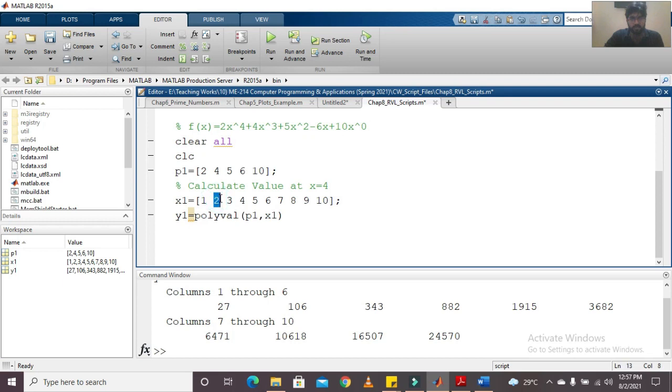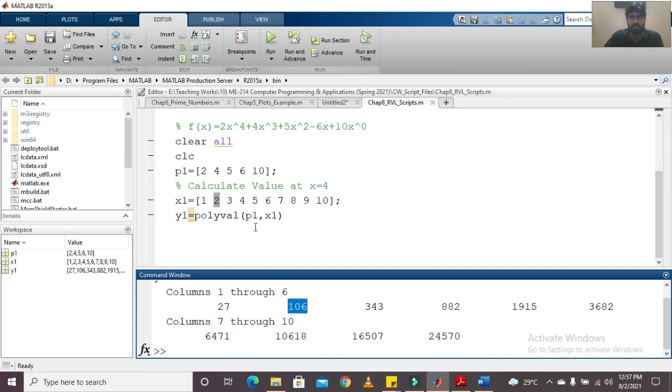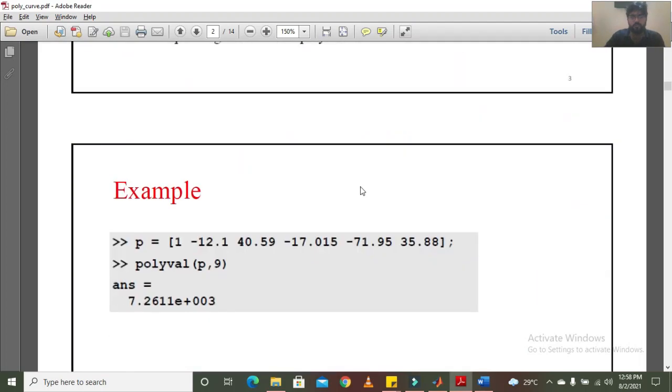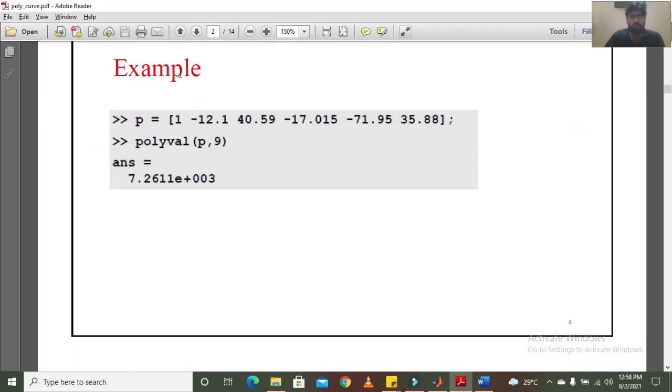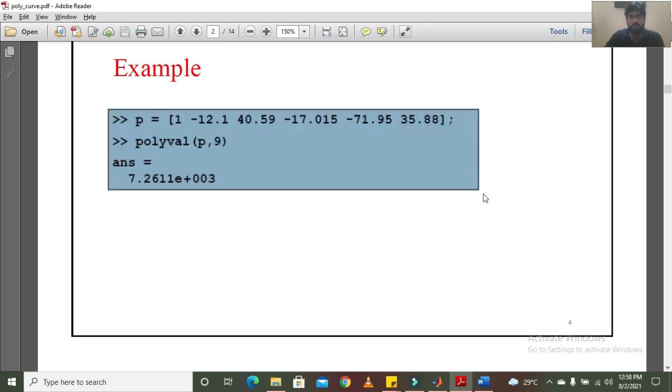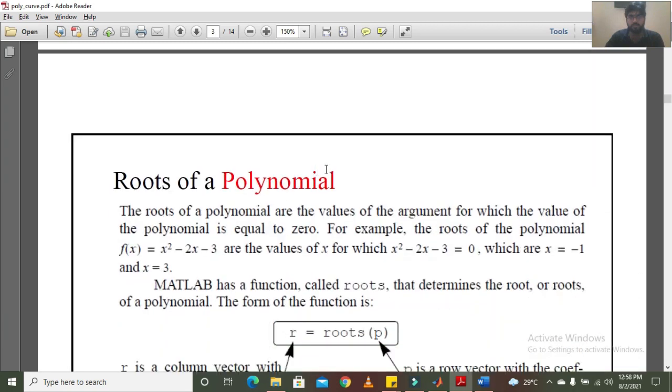Then it will put x value 2 and calculate the value of y, meaning the operation happens element by element. So this is how we can determine the values using a polynomial with the help of the polyval built-in function of MATLAB. I hope it is clear to all of you. I have also attached an example in the lectures.